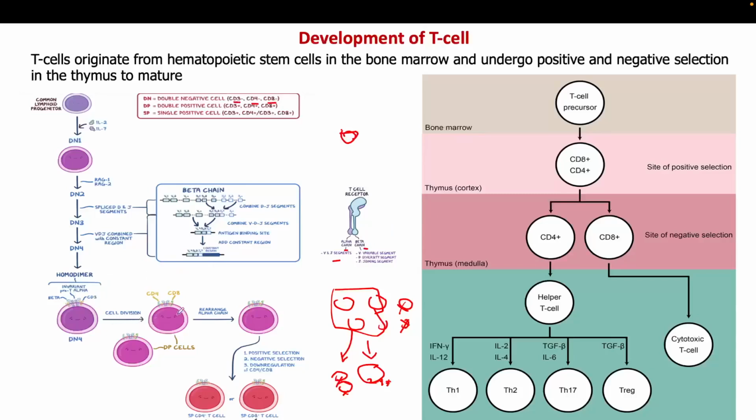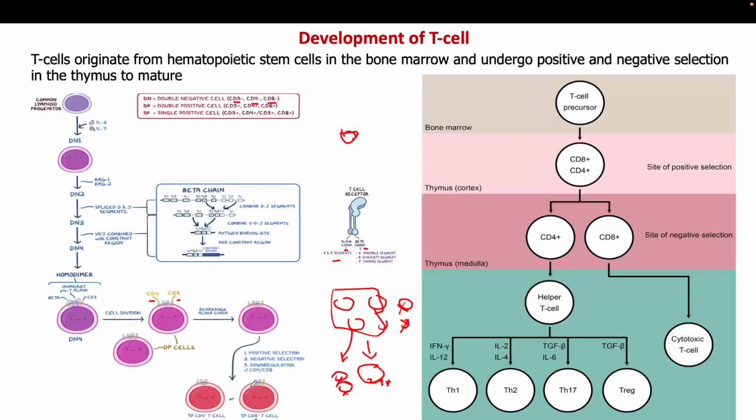After certain cell divisions, it converts into the double positive cell, which has the beta chain as well as the CD4, CD8 and CD3 markers. That's why it is called double positive, because it has both CD4 and CD8. Then it will rearrange the alpha chain also, and become a mature or naive T cell.